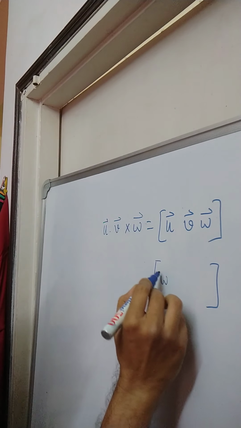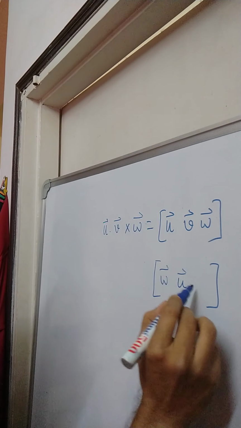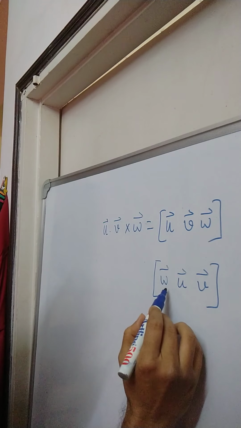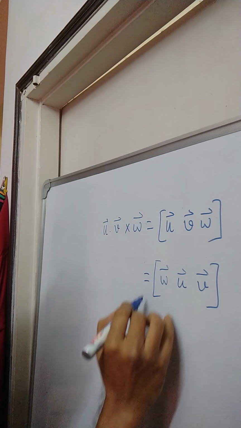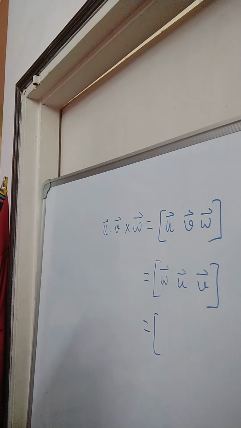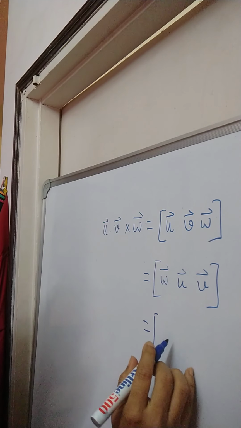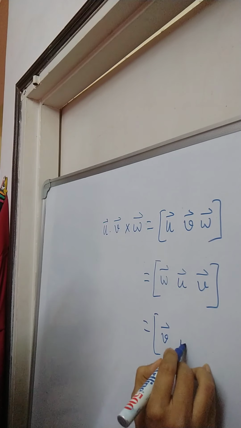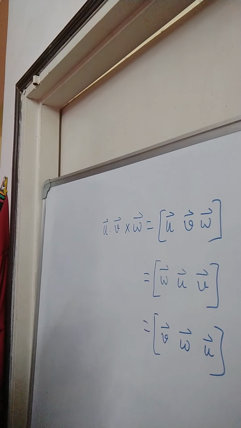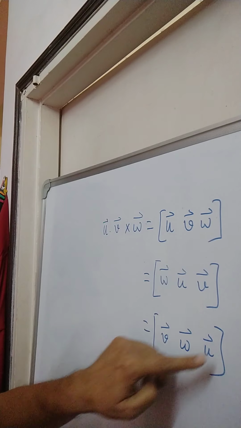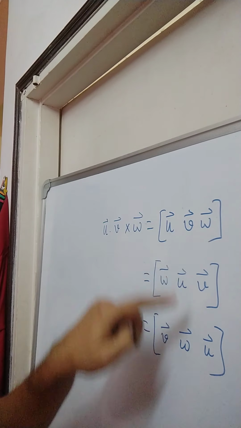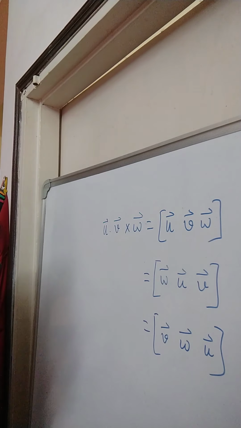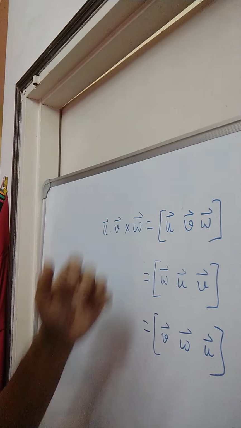We can keep W here, then U and then V. Just see that this is a cyclic order, U V W, here also U V W. Similarly, we can shift another position also, so that V comes here and then comes W and then comes U. So, these are the 3 positions where the order U V W is maintained, but in all other cases this order is reversed.